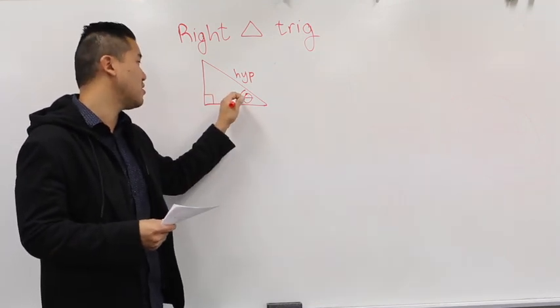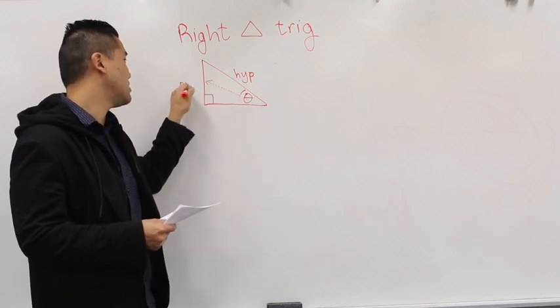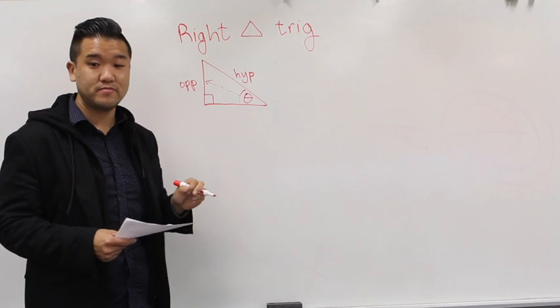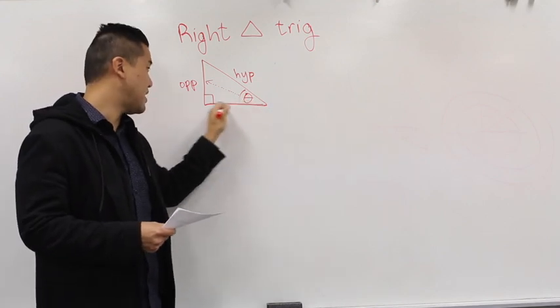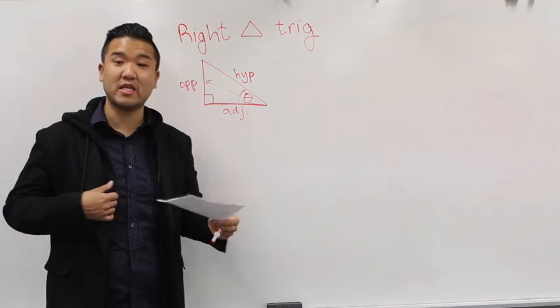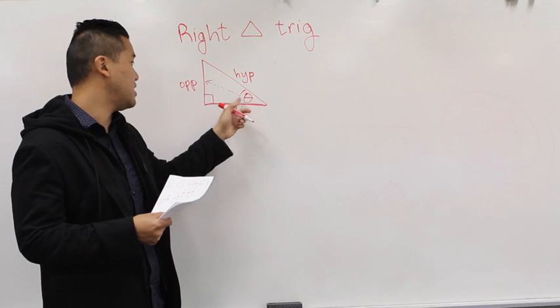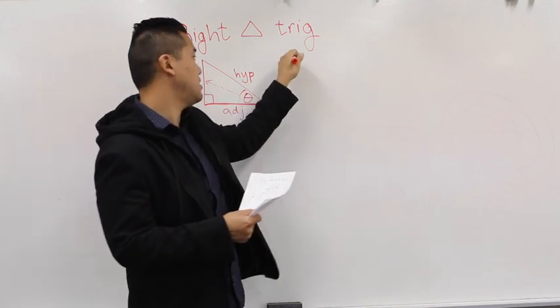If I'm standing here, the side furthest away is called your opposite side. And then the side next to you is called adjacent. Adjacent means next to you. So the person sitting next to you is your adjacent. So if I'm standing here, this is opposite, that's adjacent.